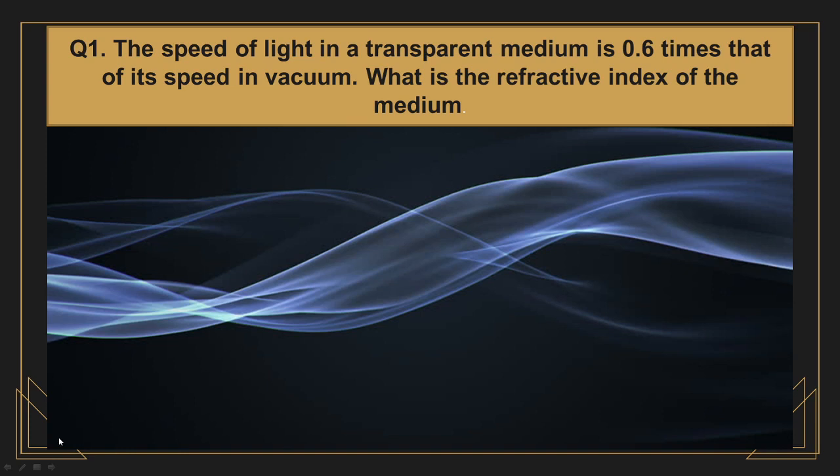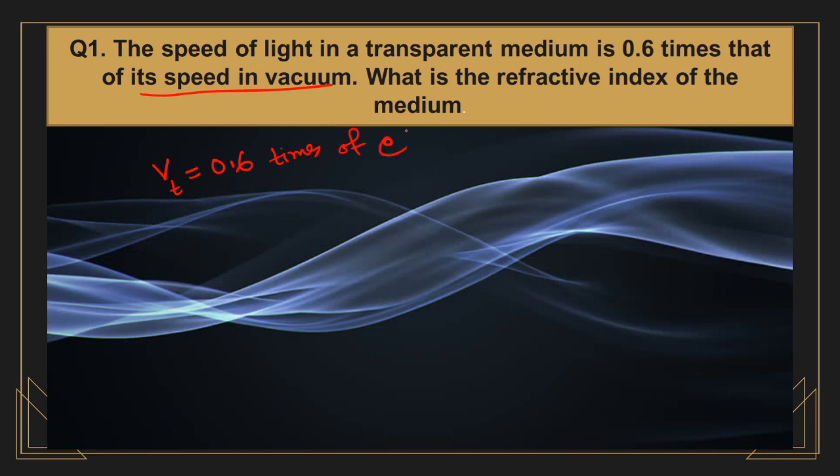speed in vacuum. It means we can write the speed in a transparent medium is 0.6 times the speed in vacuum, we know c.